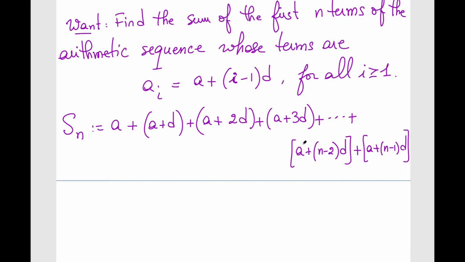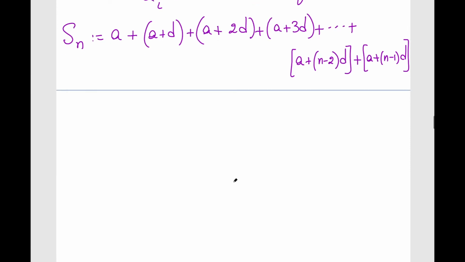Okay. All right. So as we said, we're going to employ Gauss' idea. We're going to rewrite that same sum but backwards, right? So we're going to have the last one of the first expression to start with.